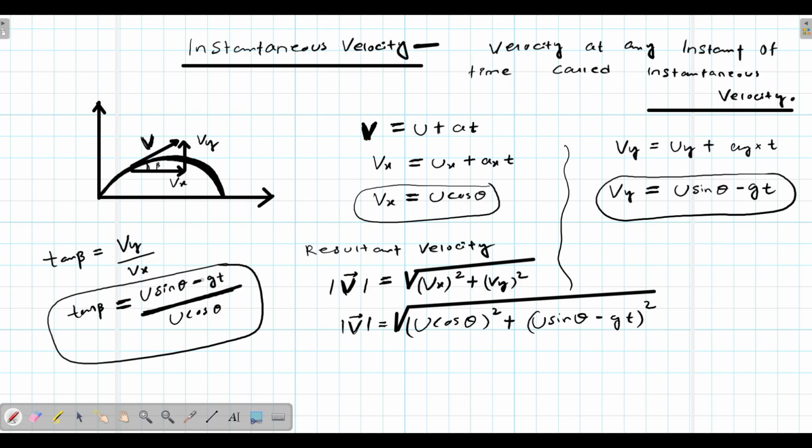That is the instantaneous velocity, velocity at any instant of time.